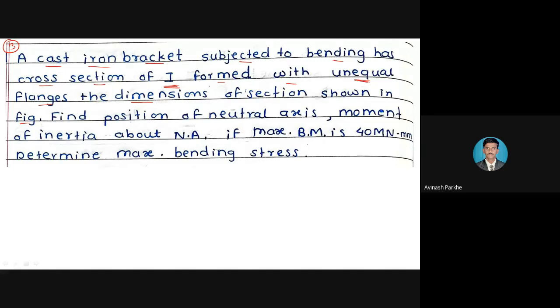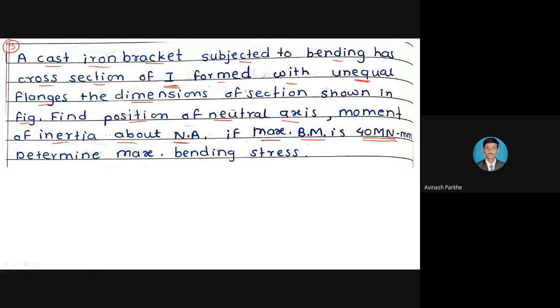Find position of neutral axis means we have to calculate the y bar. Then moment of inertia about neutral axis, that means we have to calculate capital I for the unsymmetrical I section. And if maximum BM is 40 meganewton mm.